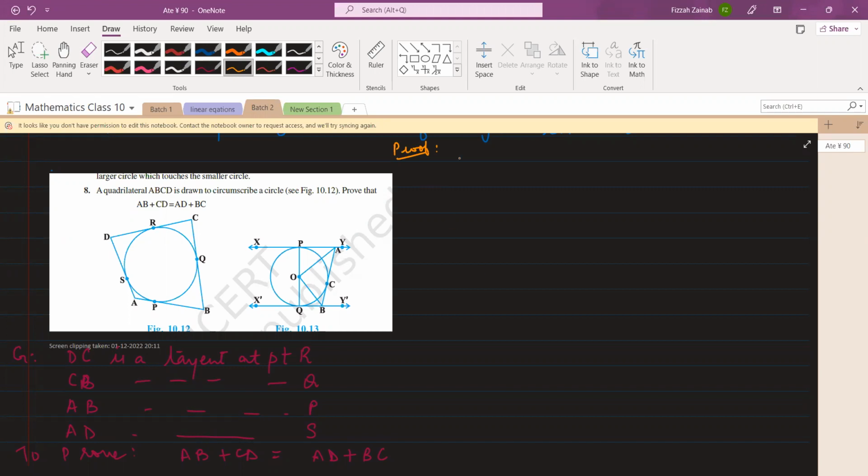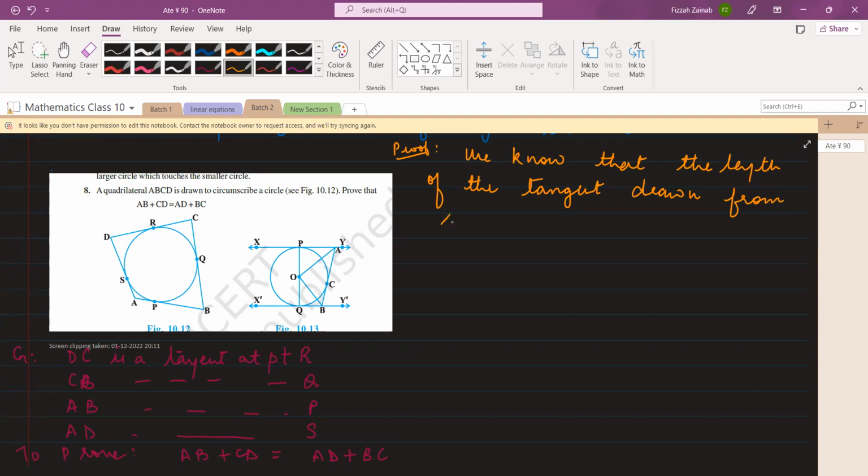So we can write the theorem first, so we will not need to write it again and again. So we know that the lengths of the tangents drawn from the same external point are equal, right?